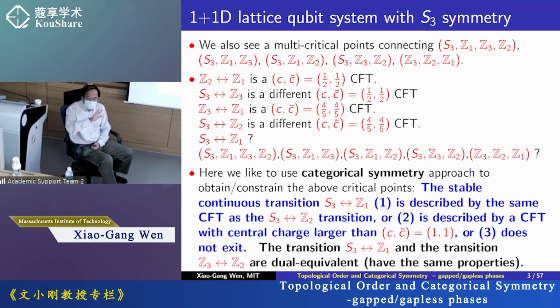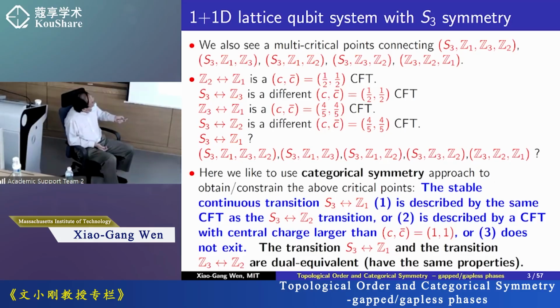But to describe this transition, that CFT doesn't work because it has two relevant operators. To have a stable continuous transition, we need one relevant operator. Then we require a CFT with only one relevant operator but with a large central charge. I think this is possible, but kind of strange. Or maybe this continuous transition just does not exist.